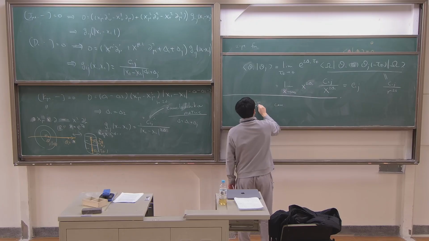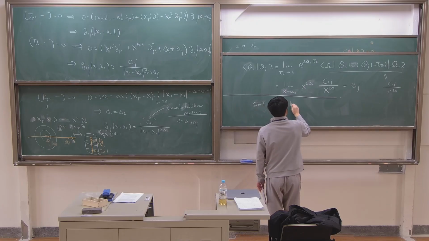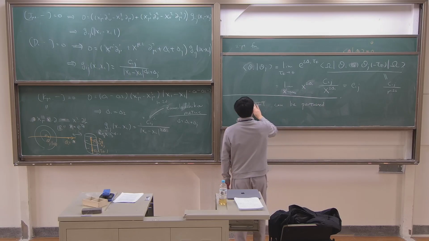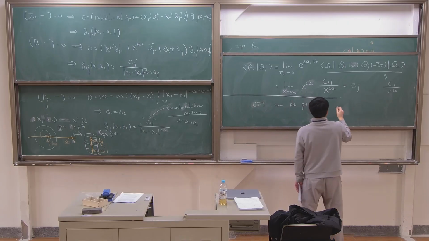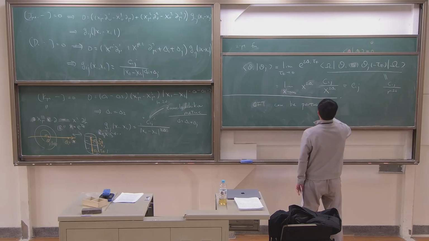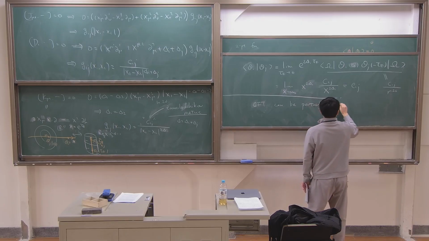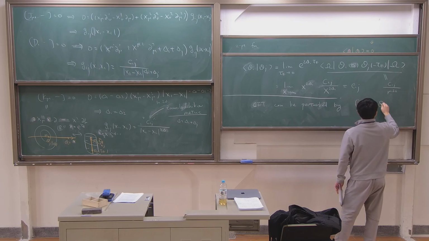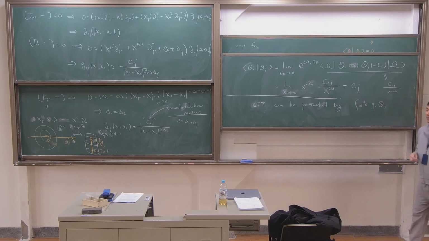A CFT can be perturbed by adding to the action the term integral d^d x g_i O_i, a coupling term with the operator, so you can perturb the field.